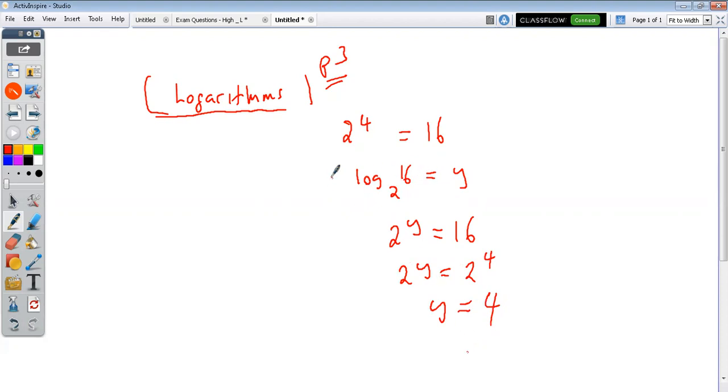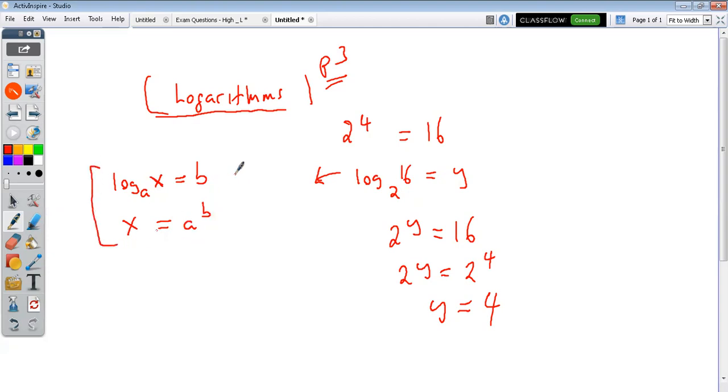So in general, from what I've said here, if I say log of x to base a is equal to b, if you follow what we have done here, I'm saying x is equal to a to the power of b.